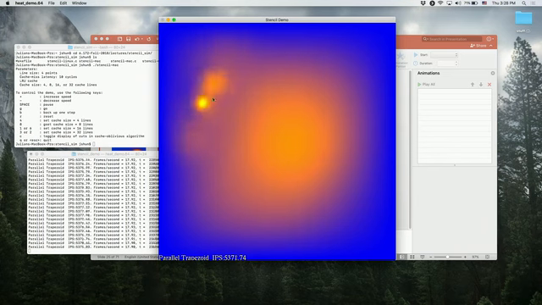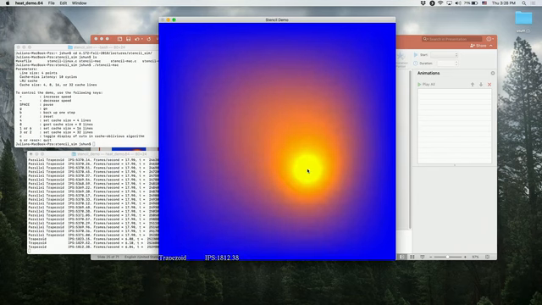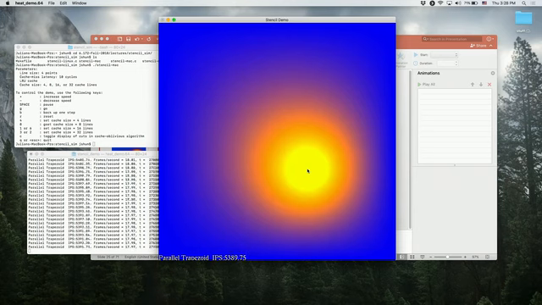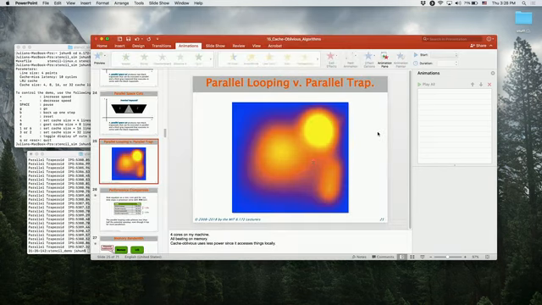Okay, I can move it around a little more if you want to see it. So serial trapezoid and parallel trapezoid. Is everyone happy? Okay.